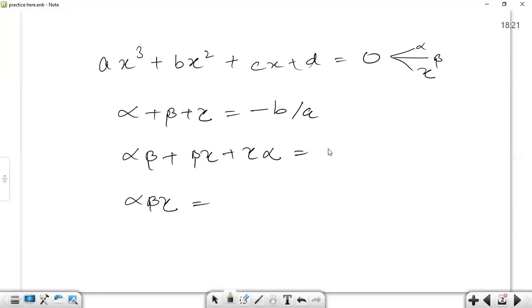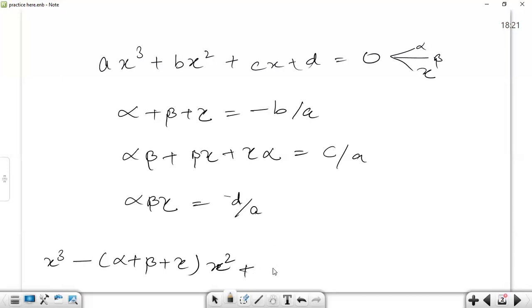What is this equal to? C by, d by, plus or minus? Minus d by a. Yes. And how can the cubic equation be made from three roots? Like this.